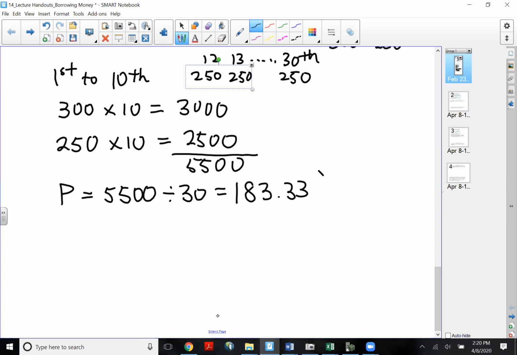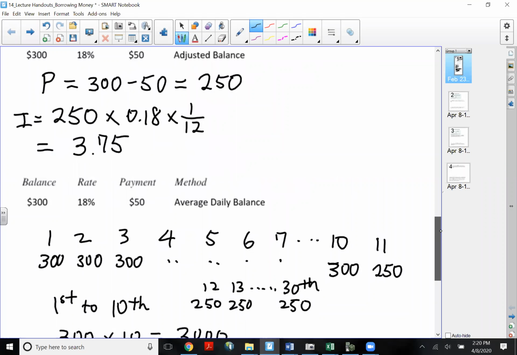So my simple interest formula, I equals 183.33, that's my P, times my rate. In this problem, my rate is 18%.